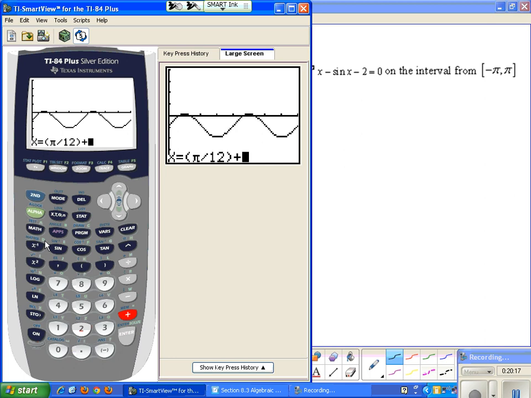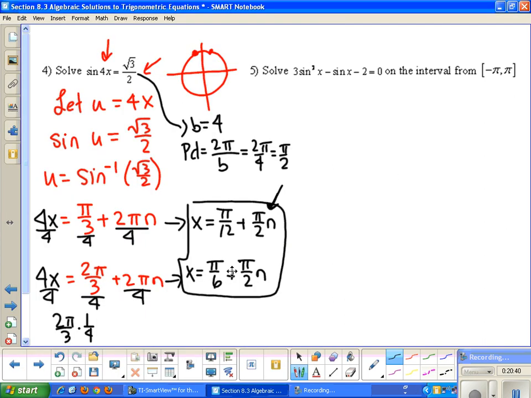And if I add my period, which is pi divided by 2, to this, and hit enter, notice that gives me my second 0. So the next one would be here, and that's why we have to add the period of the function. So that would give me the second answer. So pi over 6 plus pi over 2 would give me this for the next answer. So that's why we have multiple places where we can be equal to these. And so these would be my solutions that I have.